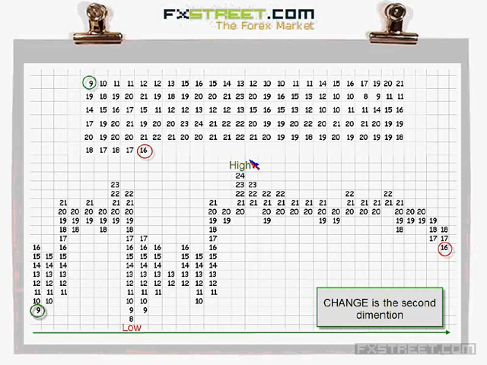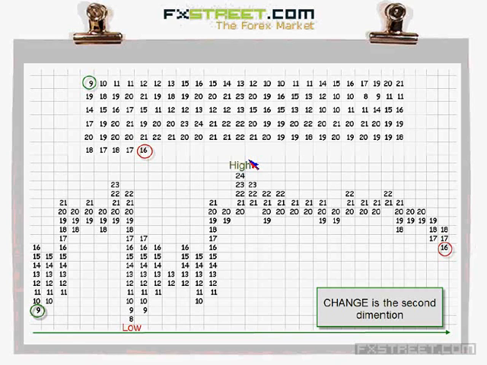So basically in a point and figure chart, we still have the price axis, which would be the vertical one, where we have the prices in regular intervals.